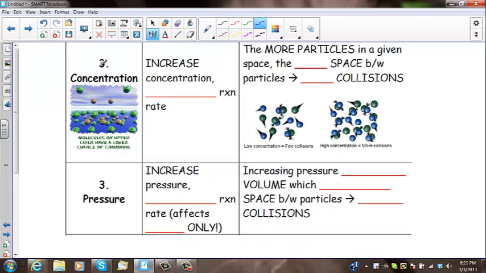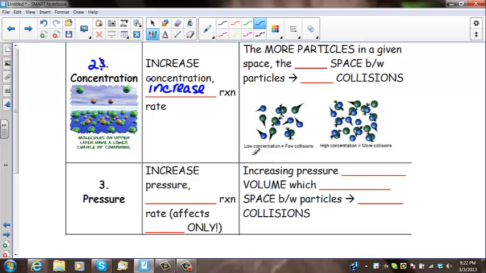Next one is concentration, which should be number 2. Increase concentration, we increase the reaction rate. Well, think about it. The more particles you have per unit volume, the more chances are that something's going to collide.